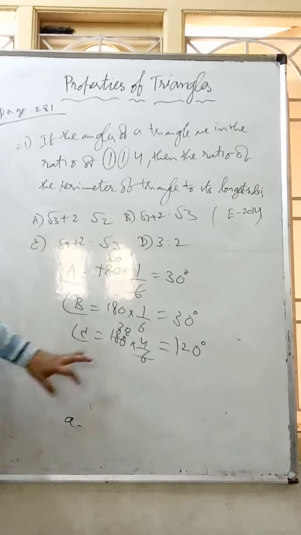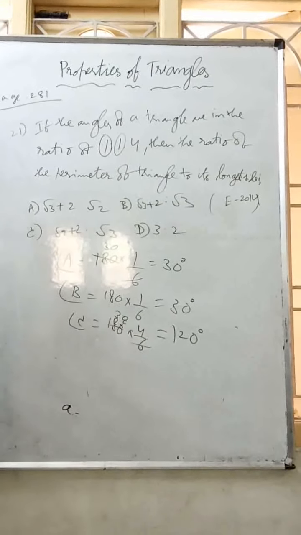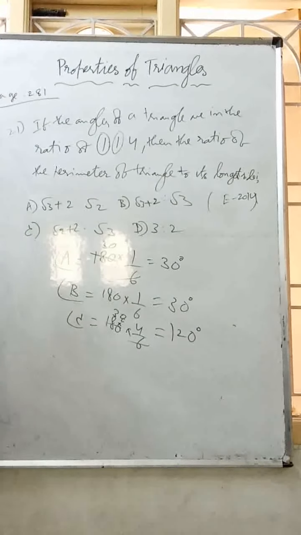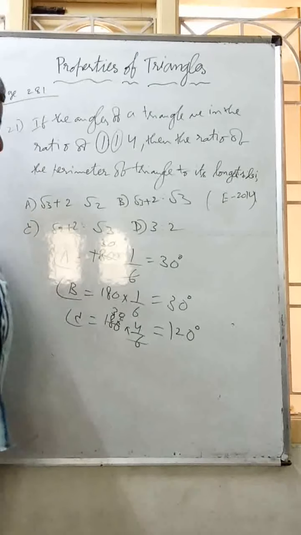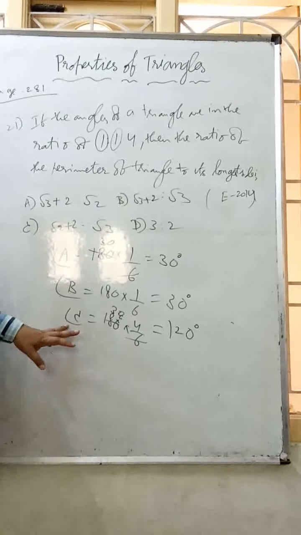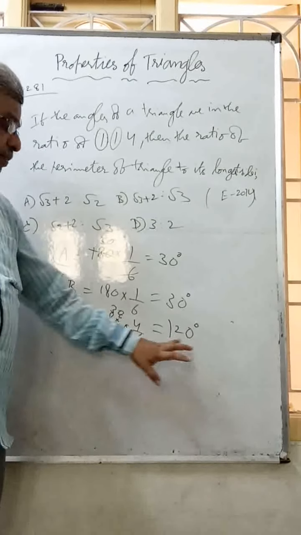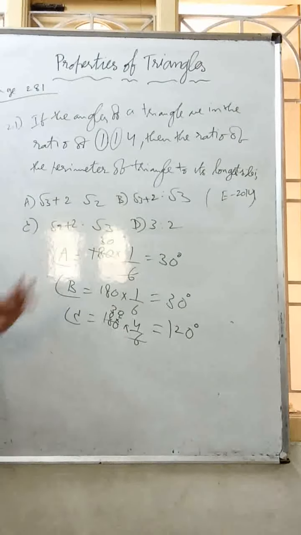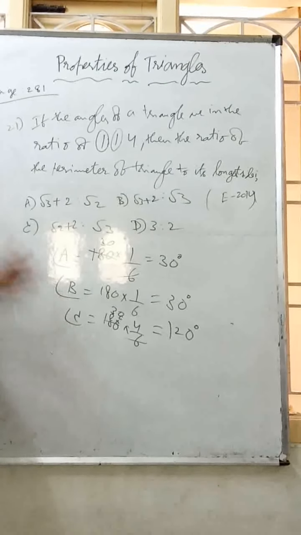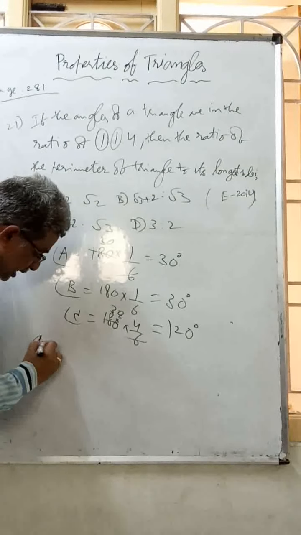Now we know that the side opposite to the greatest angle is greatest and the side opposite to the smallest angle is smallest. Here this is an isosceles triangle, two sides are equal, but the longest side is the side opposite to angle C. Means small c is the longest side, first thing. Second thing, A is to B is to C means I can find the sides ratio.